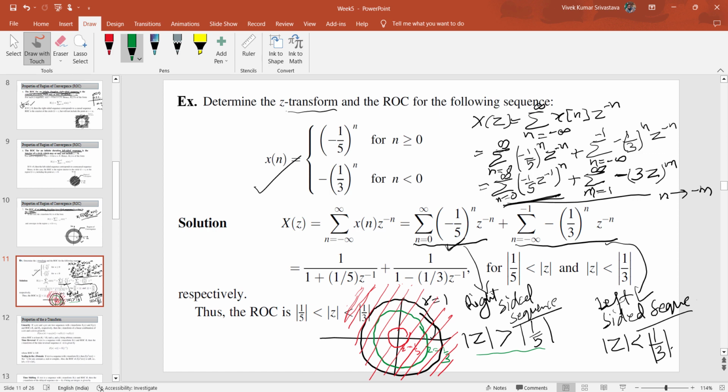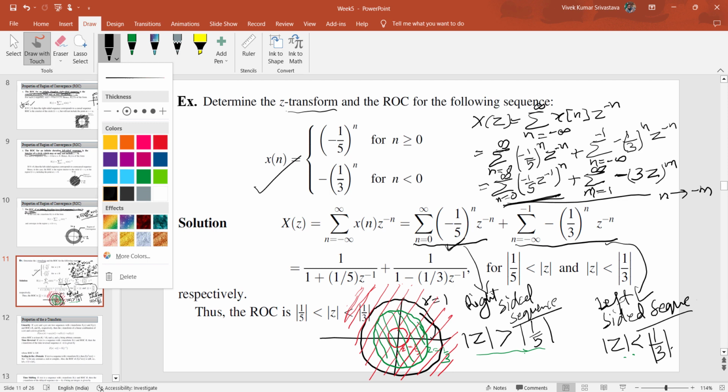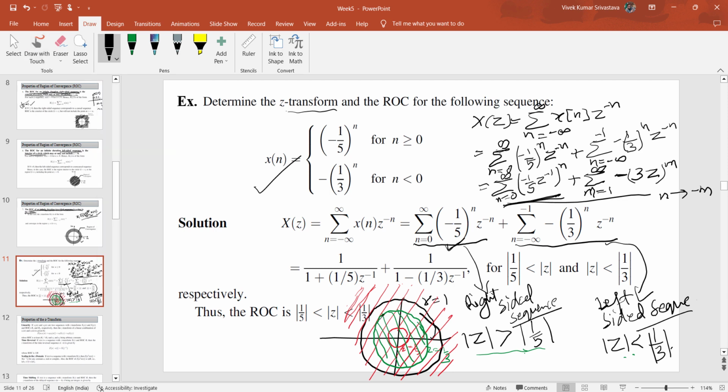Whereas for the left sided sequence, z will be less than 1 by 3, which means this one. So the ROC of the final sequence is the intersection of these two, which means this one.